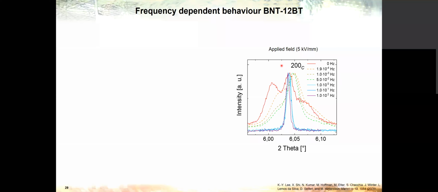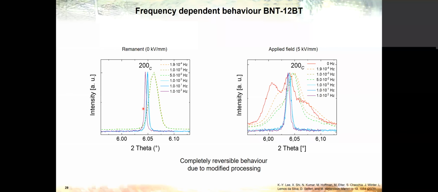You can see when you apply the electric field at a 200 reflection, you see a strong tetragonal splitting. But there's already a frequency-dependent change in the response. The magnitude of the phase transformation becomes smaller for higher frequencies. And in the remnant state, it always goes back to the pseudo-cubic state.